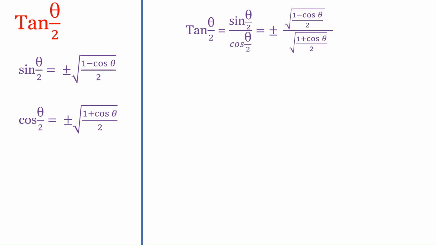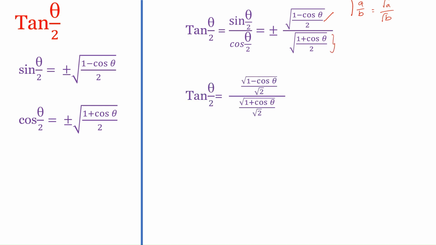Substituting this, tan theta by 2 equal to sine theta by 2 divided by cos theta by 2, and just substitute those values for sine theta by 2 and cos theta by 2. Here if we look, this is like root a by b, which is nothing but root a by root b. So both numerator and denominator here will separate and we write it down like this.